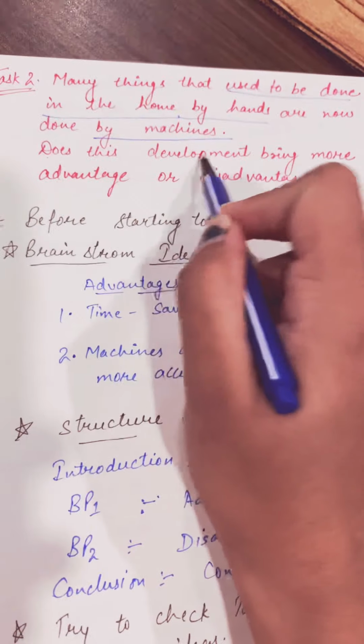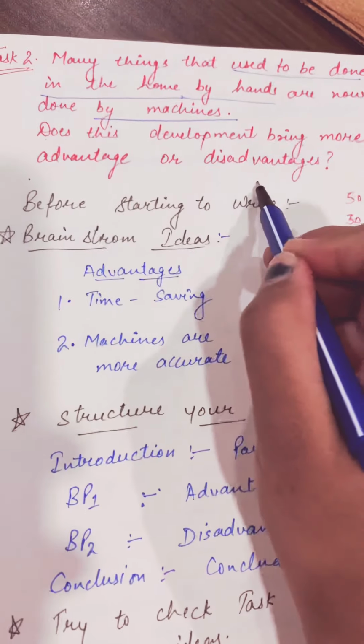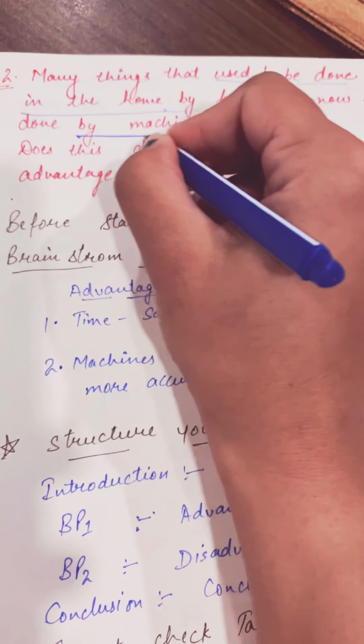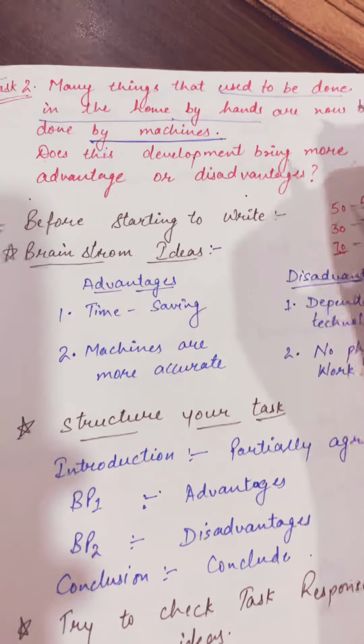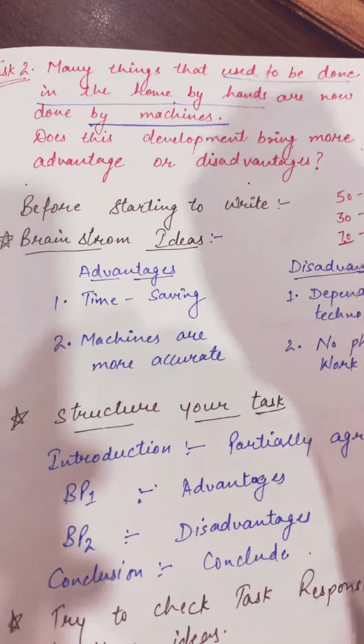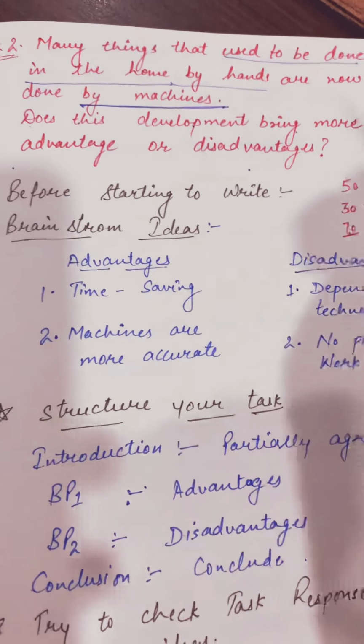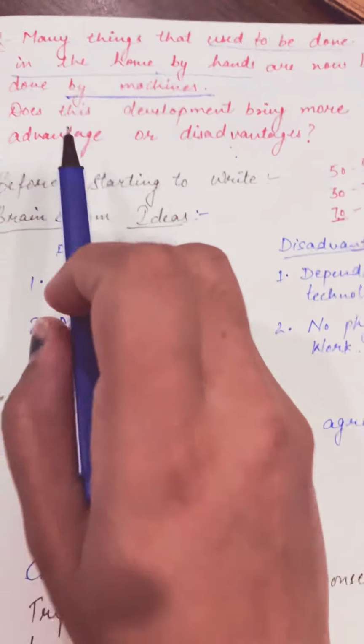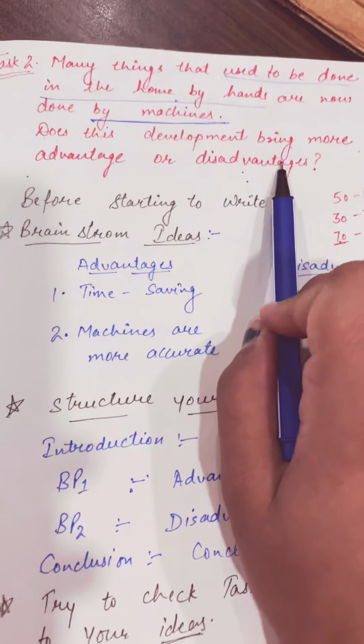So does this development bring more advantages or disadvantages? So we can just see that everything is done by machines, so technology has taken the place of everything done manually. So are there advantages or disadvantages? What do you think it has, the advantages or disadvantages?